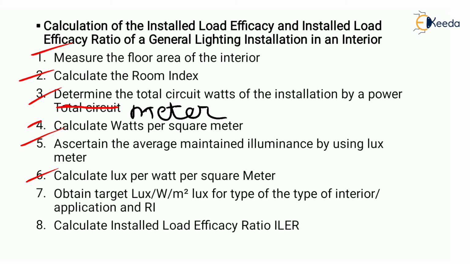So we can get this the lux per watt per square meter. Next is obtain target lux per watt per meter square, for the type of interior or application, and RI, that is room index.